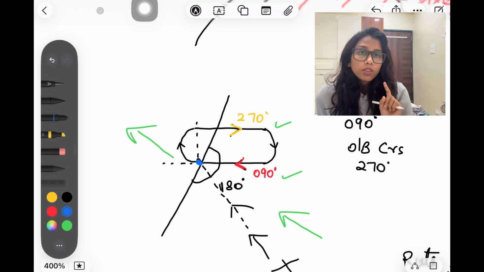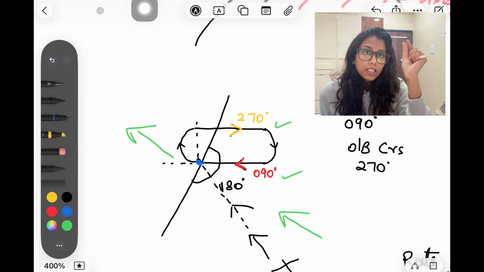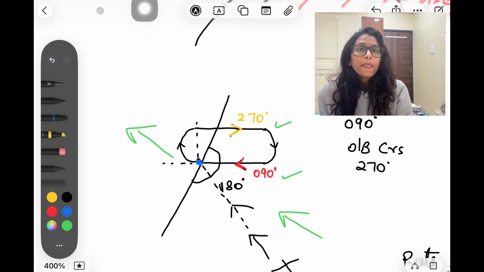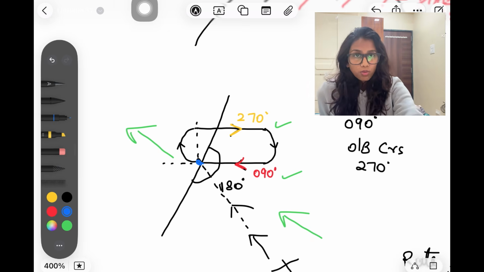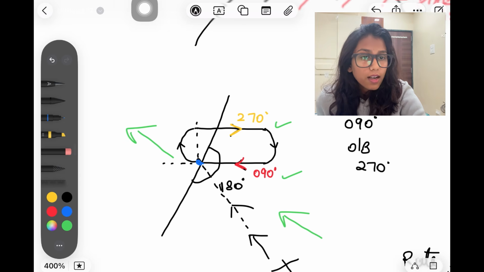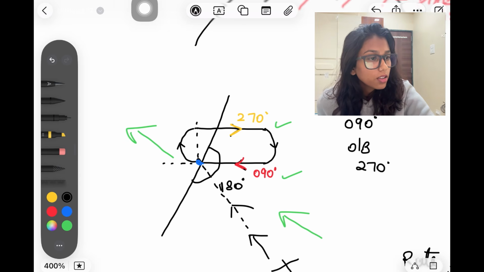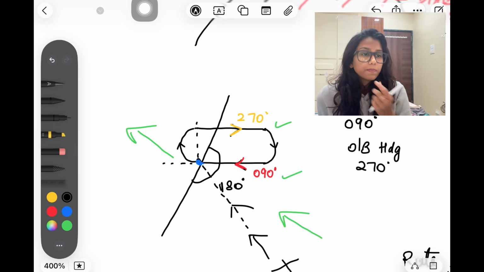Now, you have to start your timer for 1 minute and keep turning, keep touching that magenta line to the end line, and we'll come to our heading of 270, which is our outbound. So just so you don't get confused, I'll write outbound heading here, not course. So in heading, we'll keep 270, but in course, we'll change it to 090.